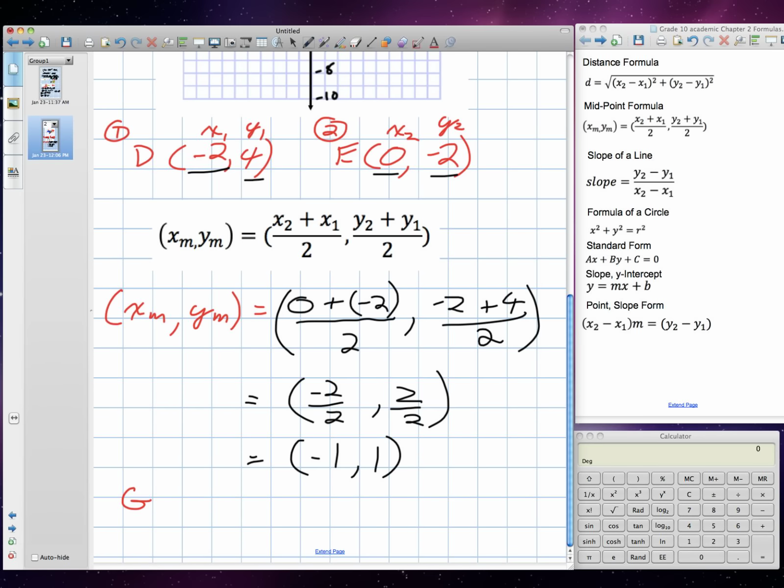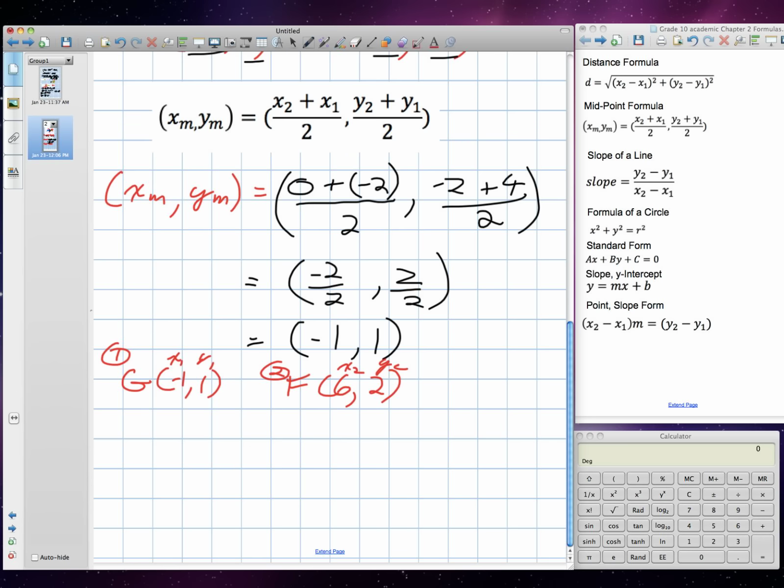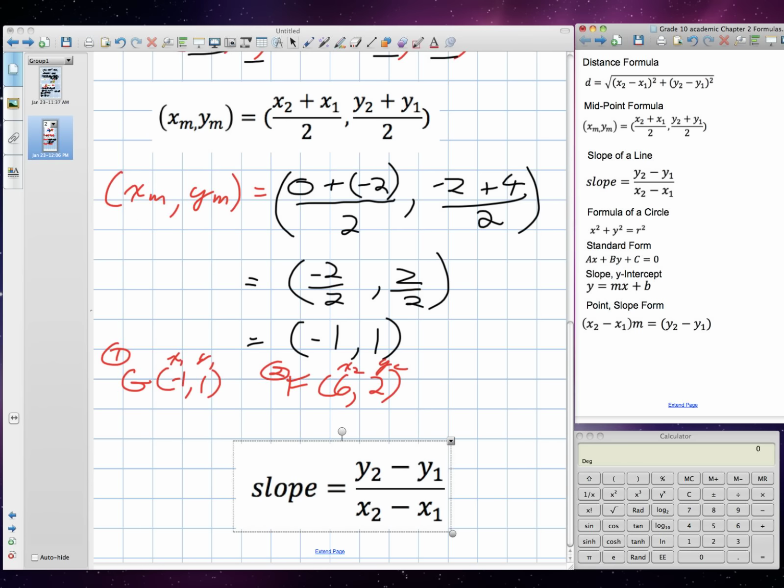G was at -1 and 1, and F was at 6 and 2. Again, we'll call this our first point and our second point. So this is x1, y1, x2, y2. Okay? And we need to find the slope of that line. So we take our slope formula. That's why we have so many formulas on the side here. We've got to remember them all.